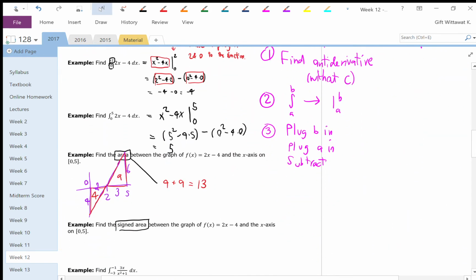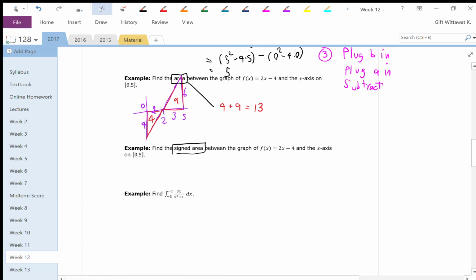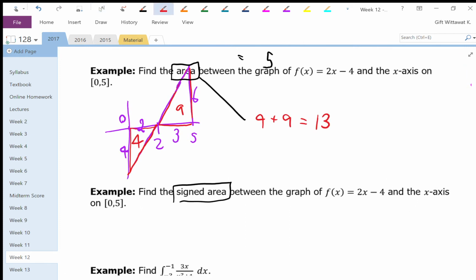So this little piece, 4, is under the x-axis, so I'm going to see this as having a negative area. So this 4 is going to be negative 4 plus 9, and that's going to give me 5.